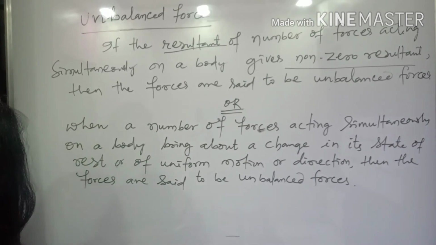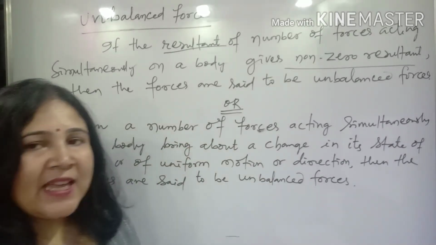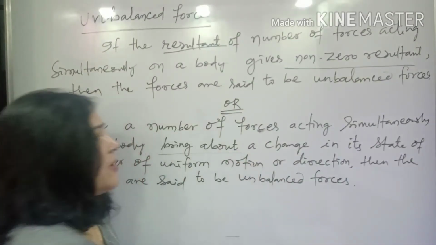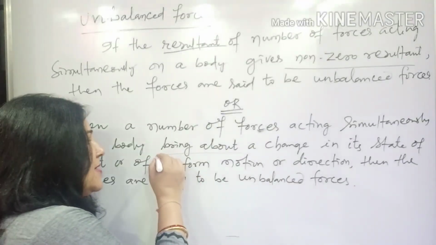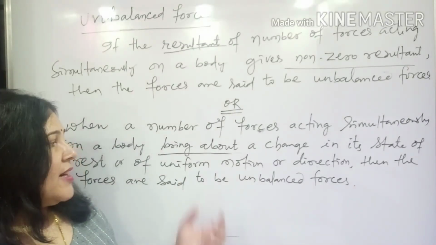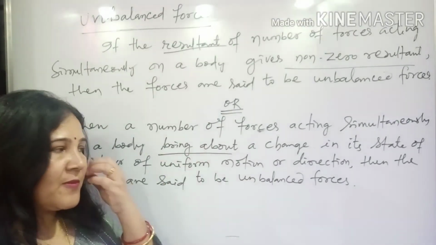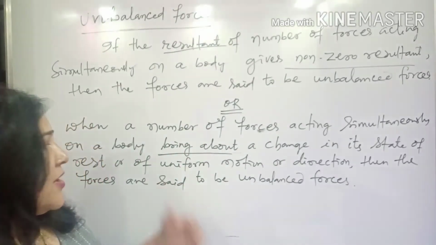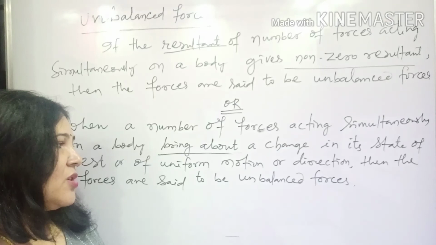What I said here is that when a number of forces act simultaneously on a body, that is more important, it brings about a change. We have seen that when there is a net force acting on the body, some changes take place. So it is written: it brings about a change in its state of rest or uniform motion or direction.